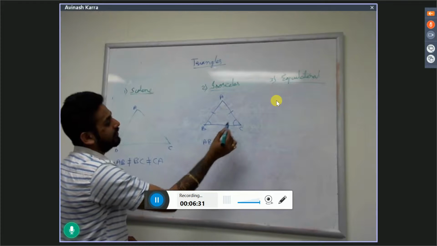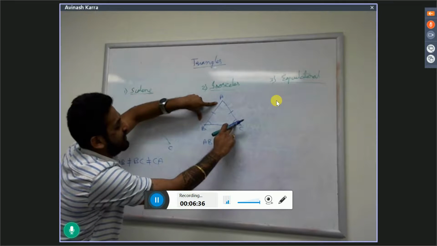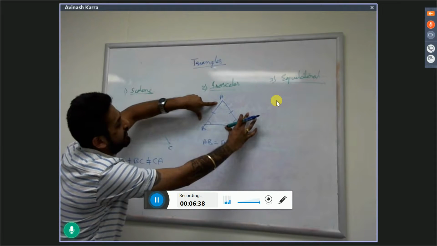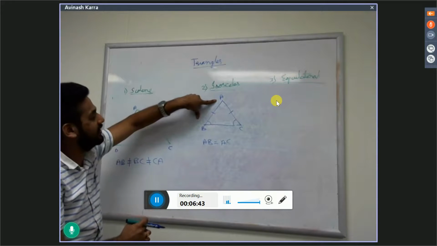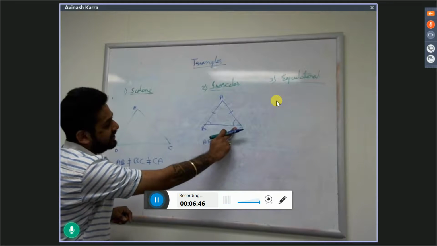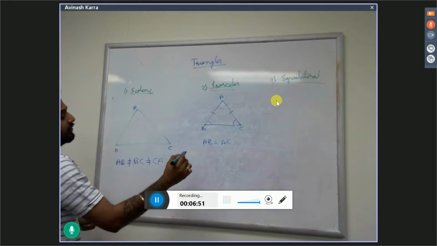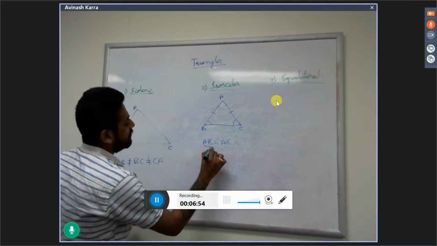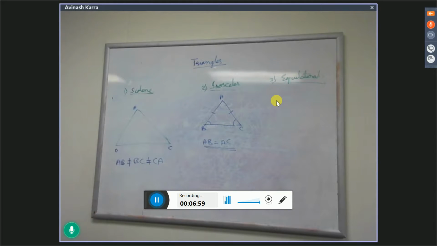Angle C. What is the corresponding angle? The angle that forms the side. If angle C increases, the length of AB also increases. If angle C decreases, the length of AB also decreases. So when you have two equal sides or two equal angles, the triangle is considered an isosceles triangle.